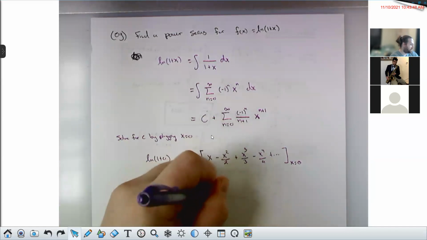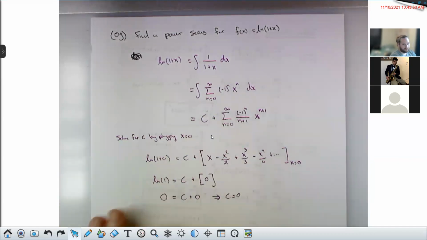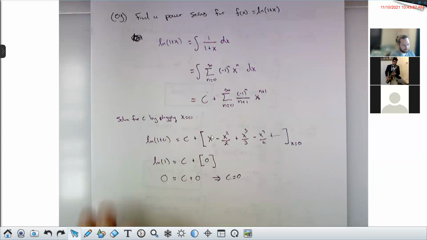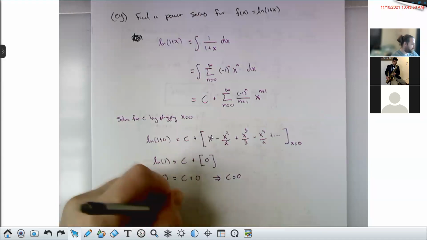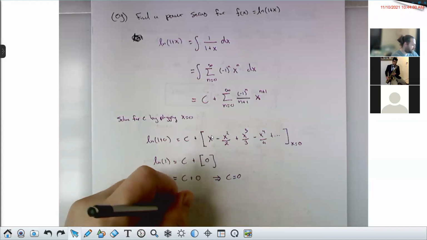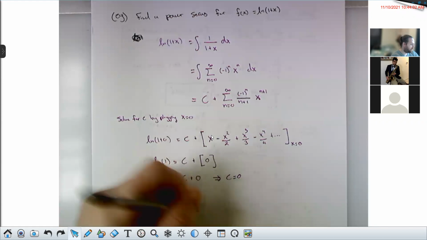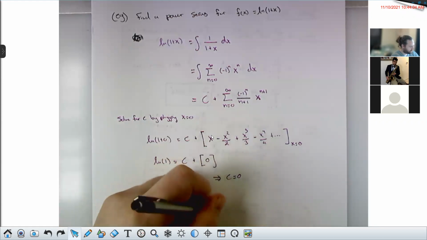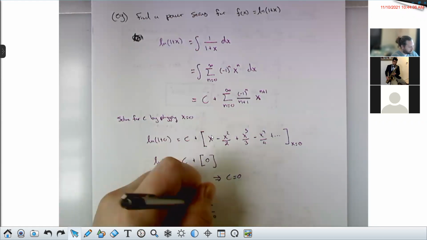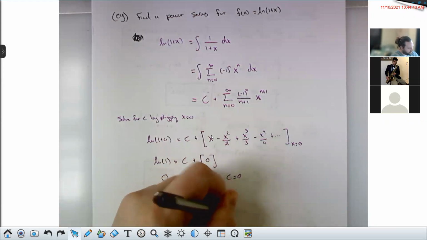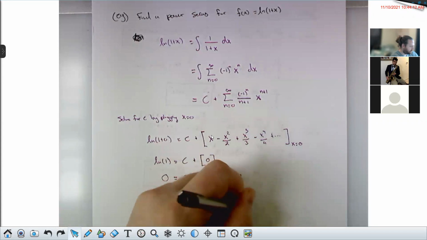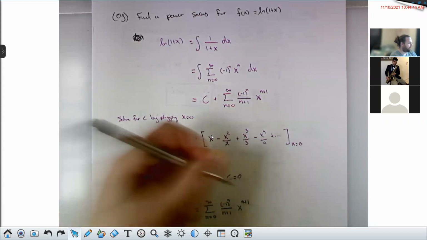So c is indeed 0, which means that the power series for the natural log of 1 plus x is sigma n from 0 to infinity, negative 1 to the n over n plus 1 times x to the n plus 1.